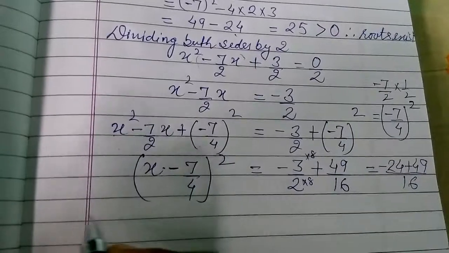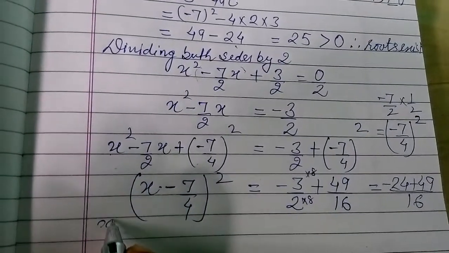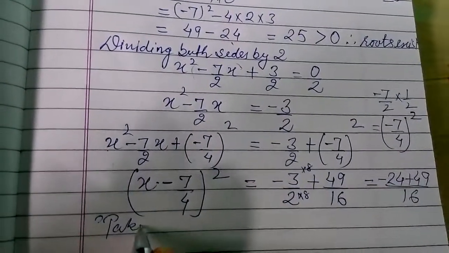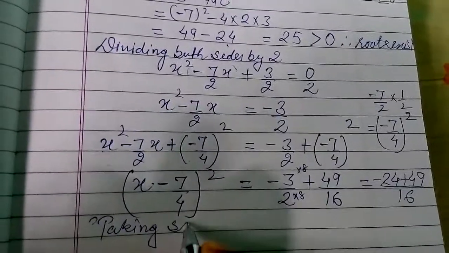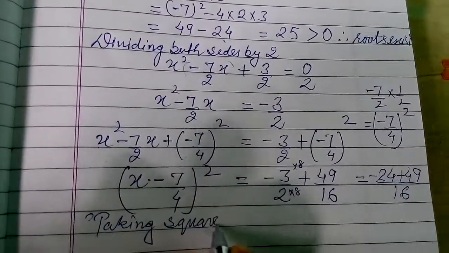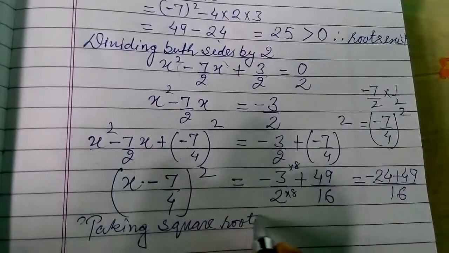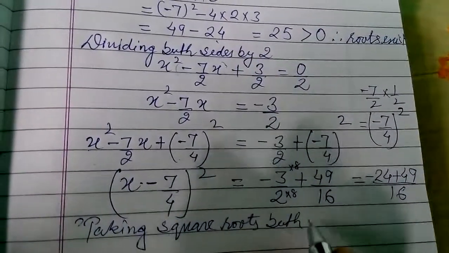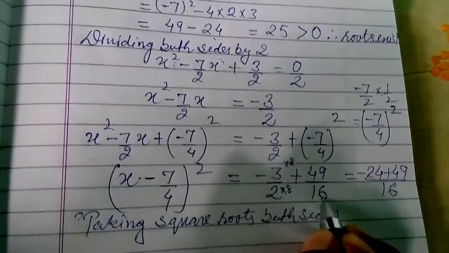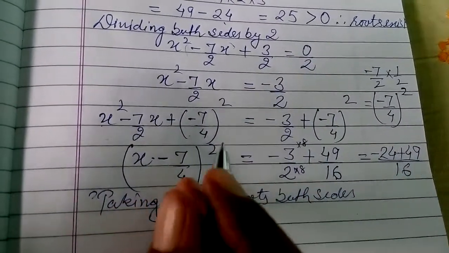Now taking square roots on both sides, because we have to remove the square from here. What will happen if you take square roots?